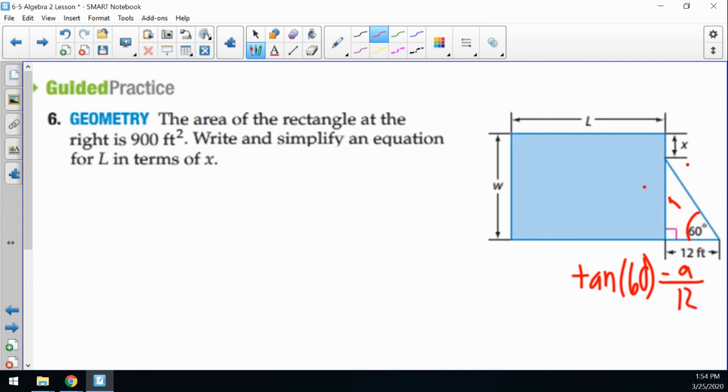And so what I can do is tell you that 12 tangent of 60 degrees, again, if you have not done geometry, this might be looking foreign to you, is actually going to be 20.8. And so now what we can do is find that this is going to be x plus 20.8, our width, right? And then our length is going to be something else, and the area is equal to 900.